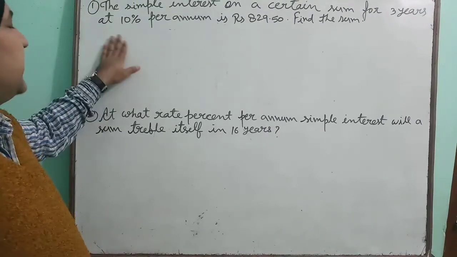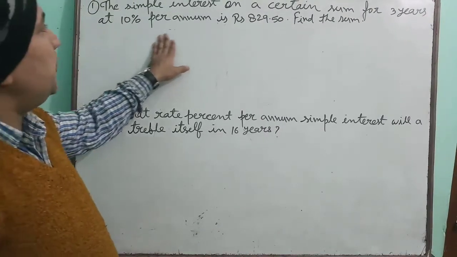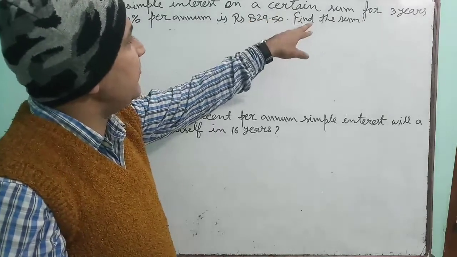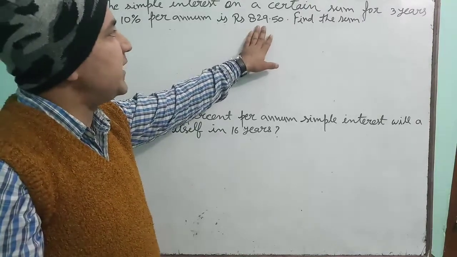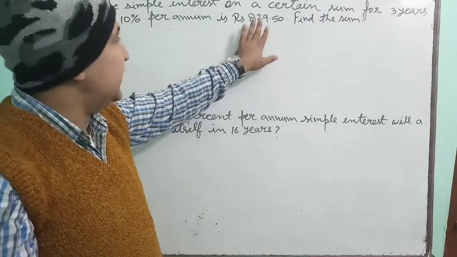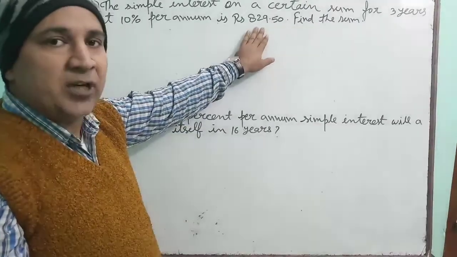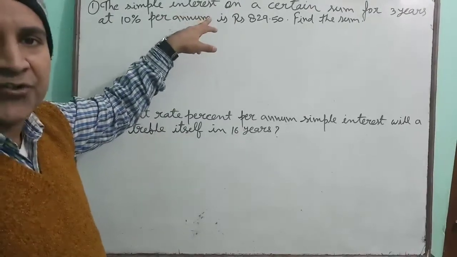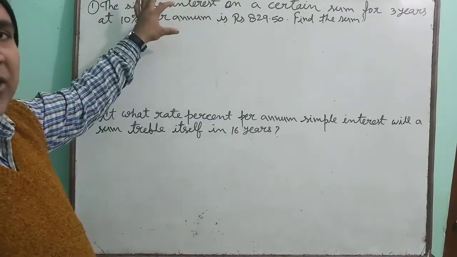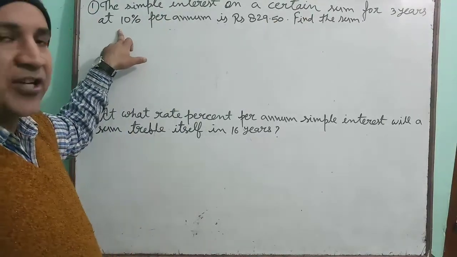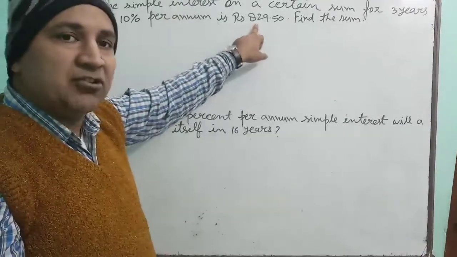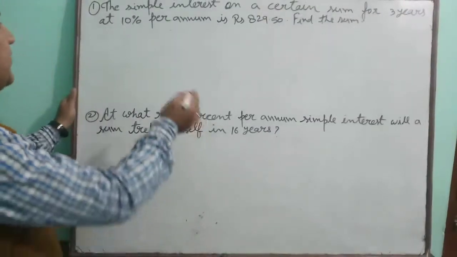The first question that we are doing today is: the simple interest on a certain sum for 3 years at 10% per annum is rupees 829.50. That means 829.50 is the simple interest. After reading the statement, we have got that time is 3 years, rate is 10% and simple interest is 829.50.